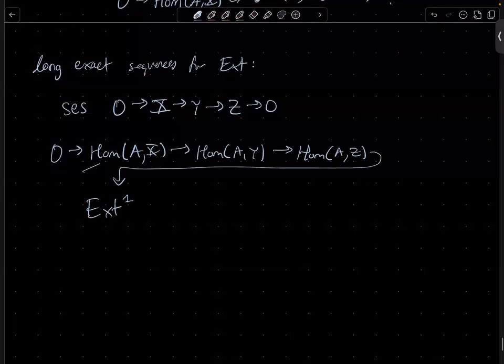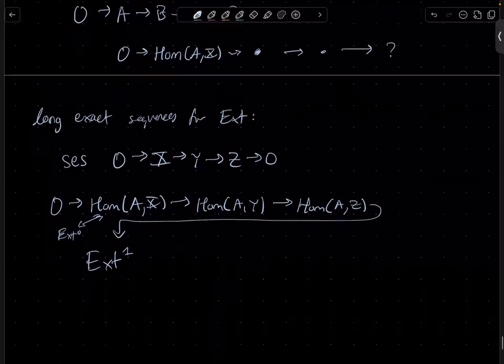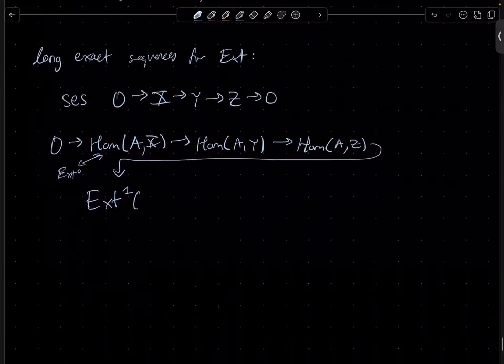I write Ext^1 because really this is supposed to be Ext^0 next, but it's nicer to write it like this in some sense because it answers that question from earlier. So Ext^1(A, X), and then Ext^1 again. Okay, you get the idea.